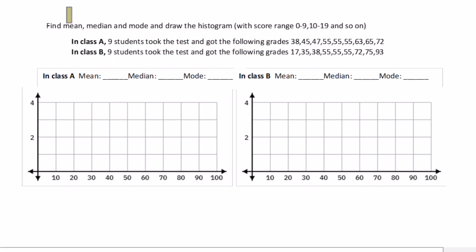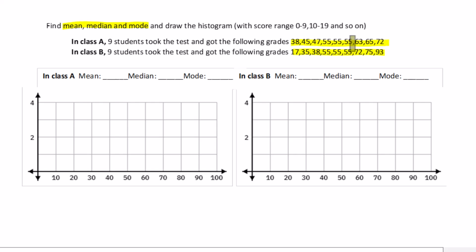Let's go to an example. Find the mean, median, and mode. Draw the histogram. We have two classes, class A and class B. In both classes, 9 students took the test and got grades. For class A, this is the data. For class B, this is the data.